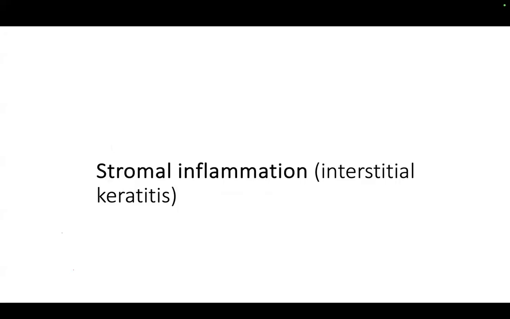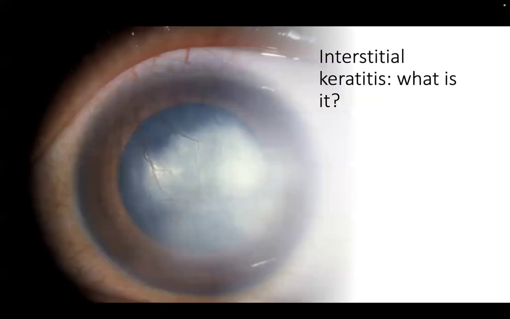So stromal inflammation. This is what you might see from time to time. This is obviously chronic inflammation. If there's no epithelial breakdown, what you'll see is lots of vessels infiltrating the stroma of the cornea and associated scarring.